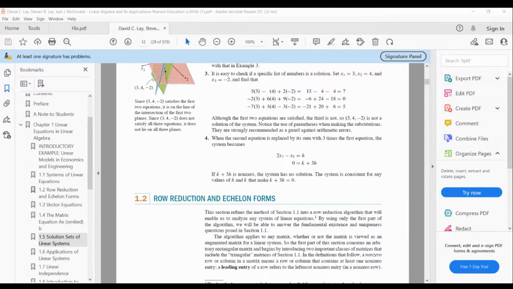And in section 1.2, they're going to formalize the technique you learned on Monday to solve the systems in section 1.1. These row operations, getting the augmented matrix in triangular form, forward phase, backward phase, it's formalized here in section 1.2.